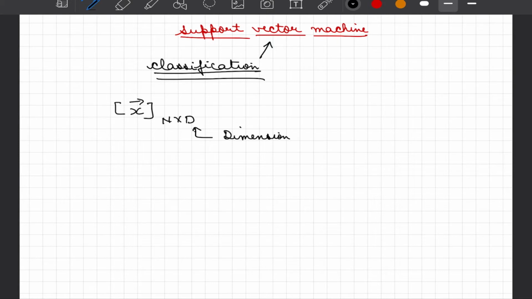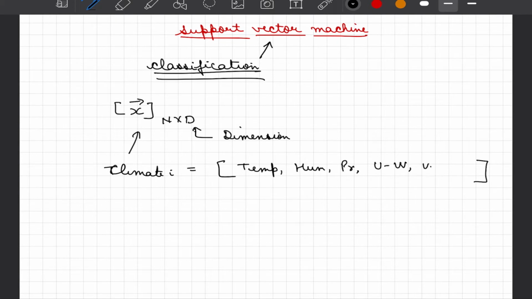For example, if we are talking about the xi vector, which talks about one specific instance of observation, let us say associated with the climate at a particular place i. In that case, we would measure certain features: the value of temperature, the value of humidity, the precipitation, the wind speed in various directions, U wind, V wind, and so on.